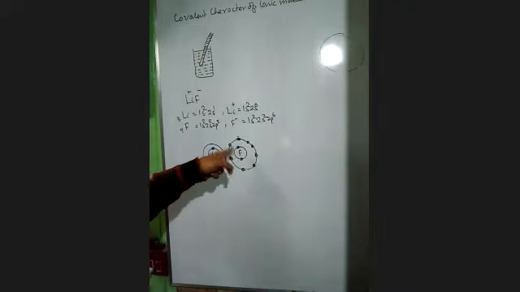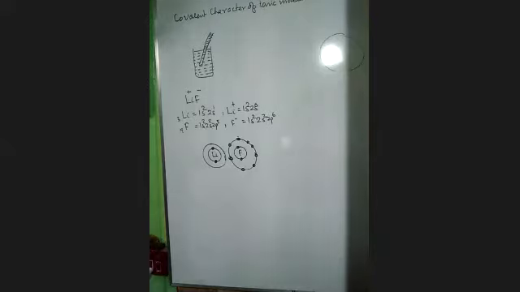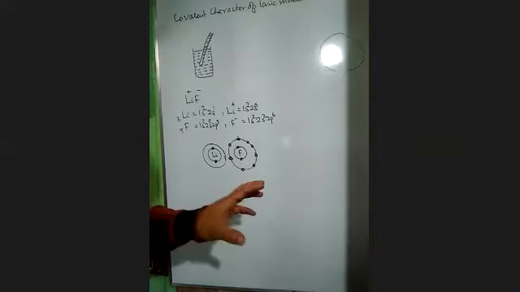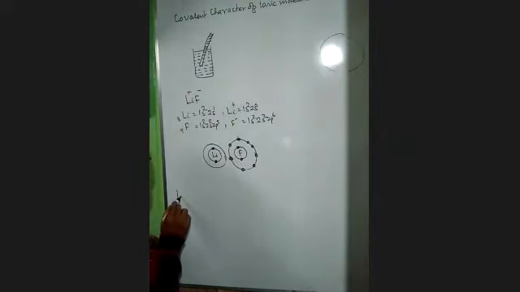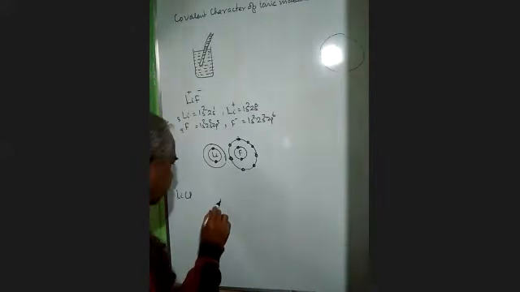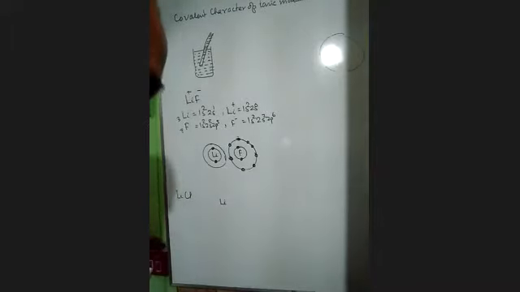The size of fluoride is much smaller than that of chloride, bromide, and iodide. Clear? So I'm only going to draw the valence orbital of chloride, bromide, or iodide, anyone. So let me take lithium chloride. Please remember the size of the chloride ion is double the size of the chlorine atom.